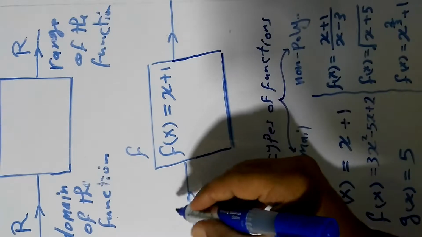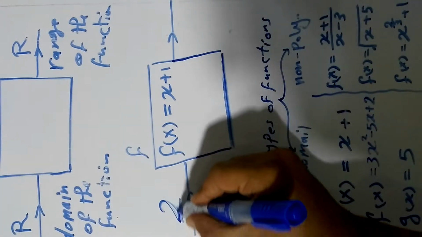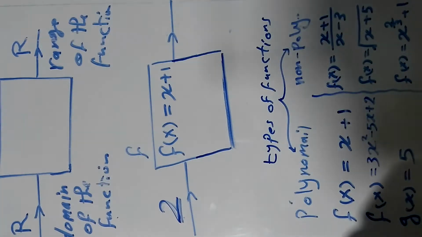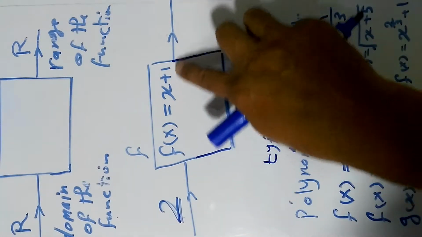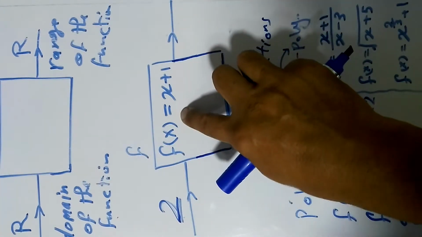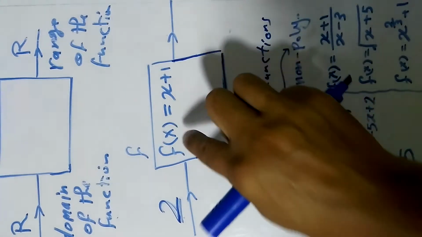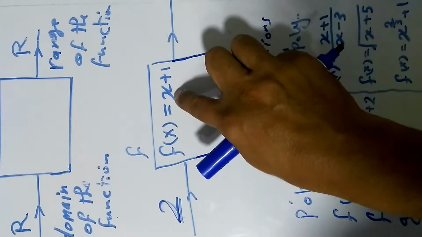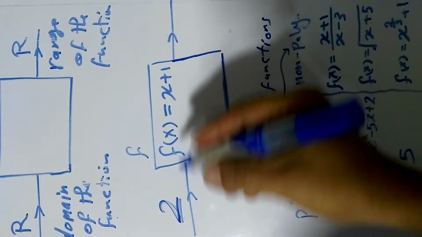So if you put in a real number like 2, what do we expect the output to be? The output will be determined by this rule here. It says whatever comes in is going to come out as the same number plus 1.